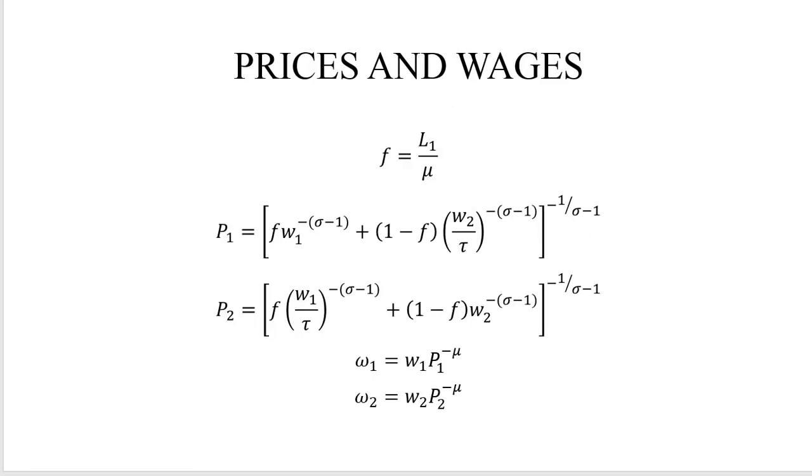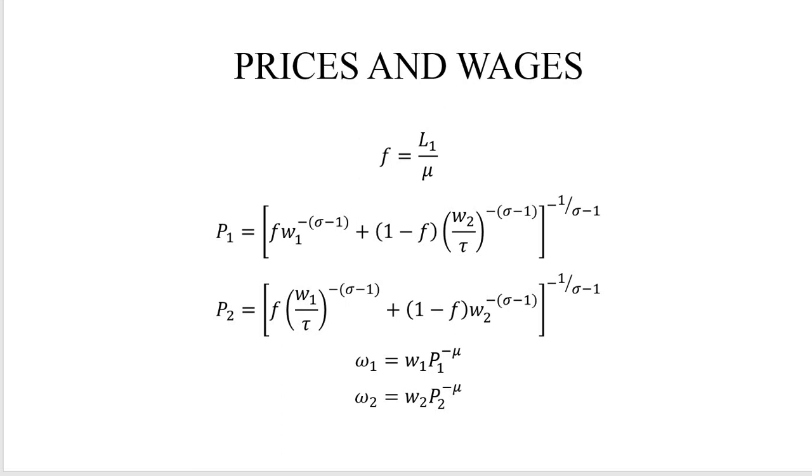So here you have the formula, and we will get back to this next week, but you can get additional points, let's say 5 additional points for your coursework, by analyzing the relationship between price-wage ratio and the share of labor force employed in the first region depending on transportation cost.